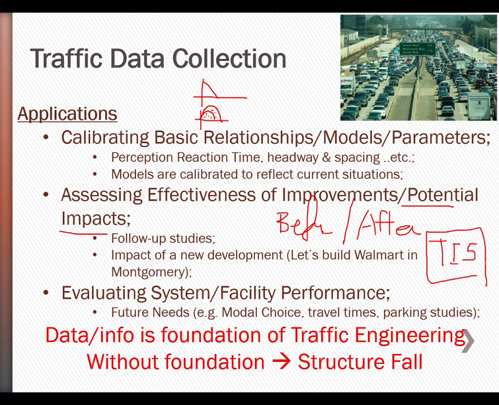Let's imagine that we're going to build a new mall. I always give Montgomery as an example, because it's a town where you want to build something. Let's imagine we're going to build a new Montgomery Walmart. We need a traffic impact study to assess the impacts of this new development. It might be any kind of development.